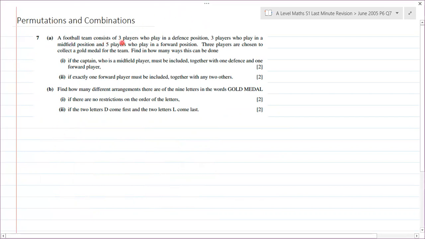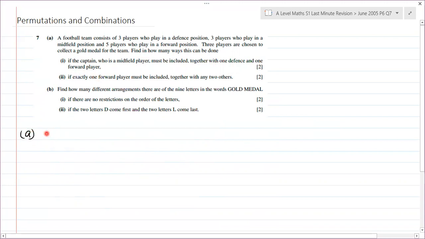A football team consists of 3 players who play in defense position, 3 players who play in midfield position, and 5 players who play in forward position. 3 players are chosen to collect a gold medal from the team. Find how many ways this can be done if a captain who is a midfield player must be included together with 1 defense and 1 forward player.